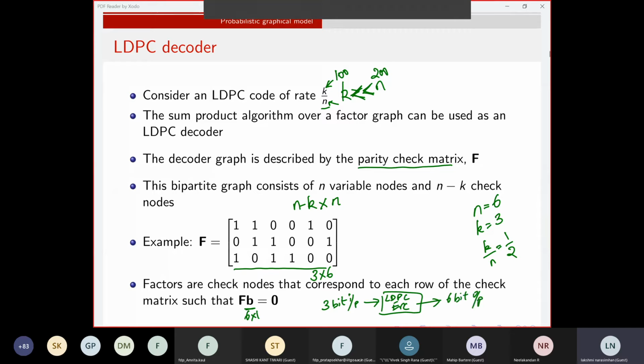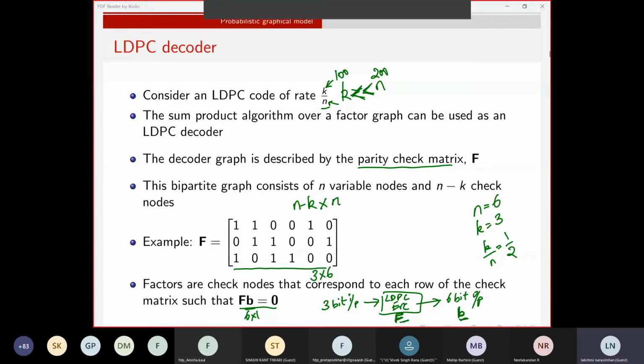Let's call this output vector B, a 6 cross 1 vector. If the encoder has used the parity check matrix F, then the output satisfies the property that F times B is 0, which means this output vector lies in the null space of the parity check matrix.